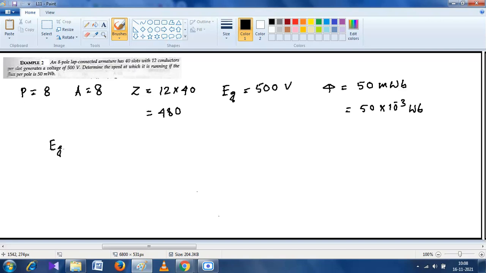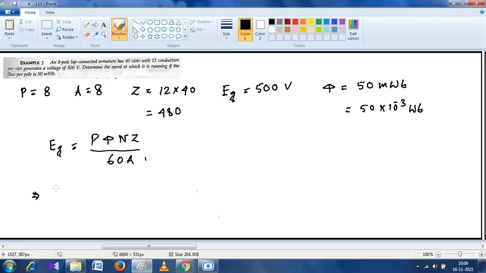EG is equal to P phi N Z divided by 60A. Which quantity do we have to determine? All the quantities are given and we have to determine the value of N. So put in all the values.